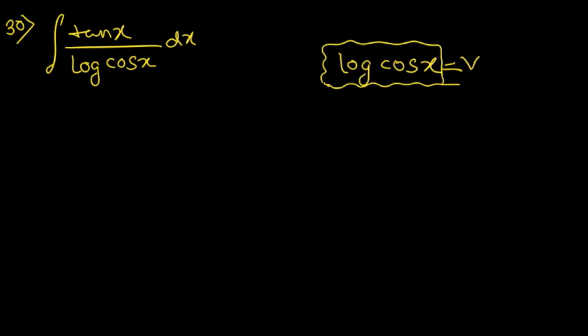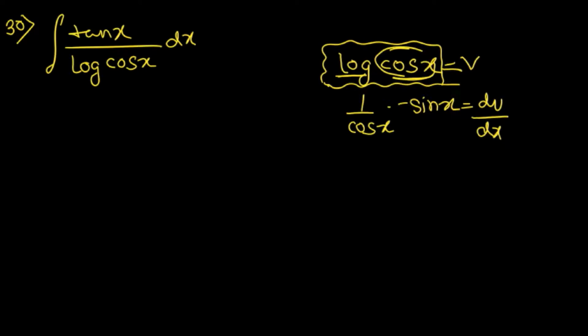Log cos x, we first differentiate the log term, considering cos x as x, so log x gives 1 by x, so 1 by cos x, and then we differentiate cos x again, which gives minus sin x, and this is equal to dv by dx.